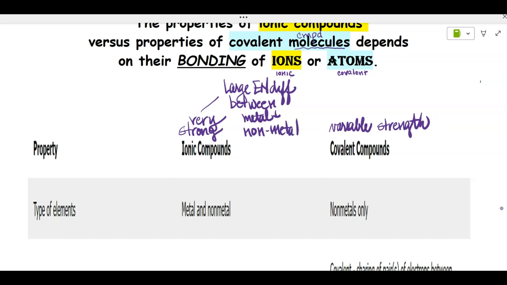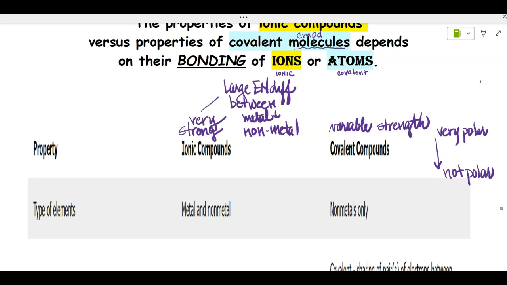So we can see in this, covalent compounds can be very polar with a high electronegativity difference, all the way down to not polar at all, meaning no electronegativity difference.